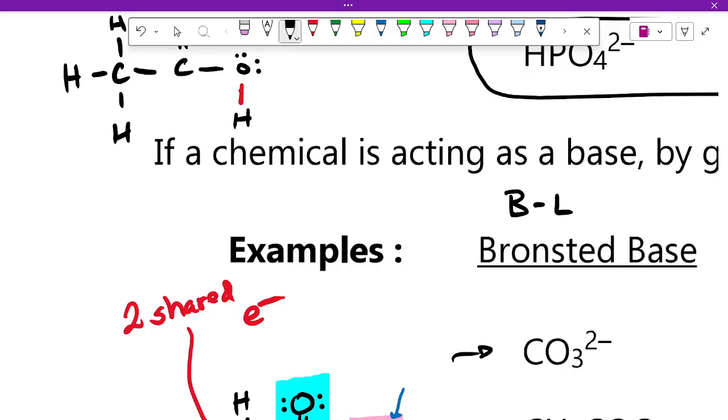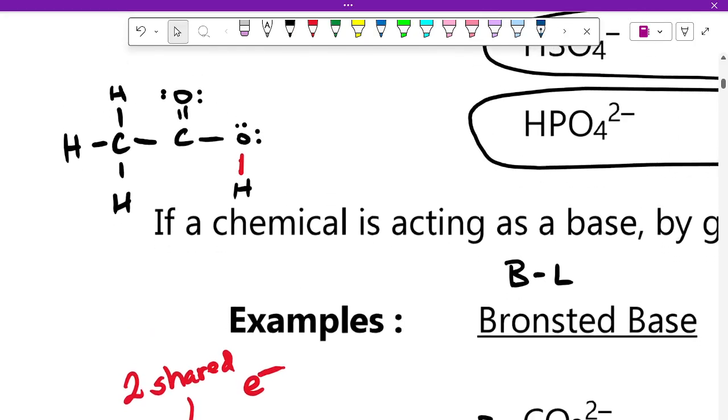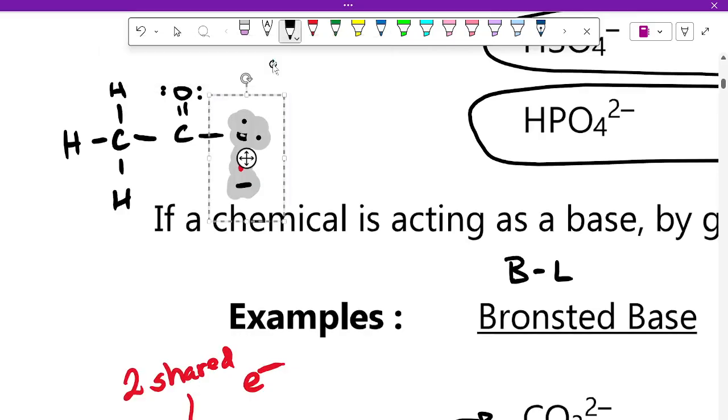So what then would be the correct formula for CH3COO minus with an extra hydrogen? What would we write for the formula for this puppy?